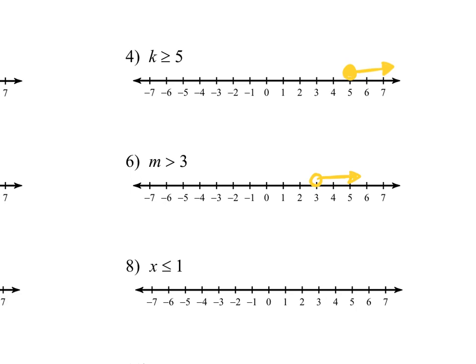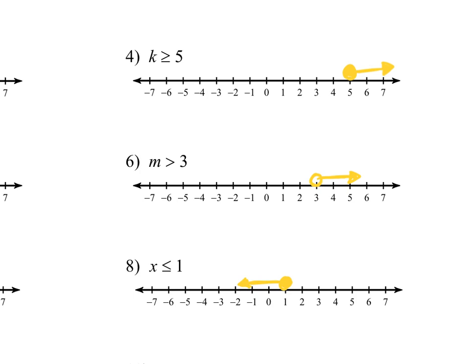Number 8, it is saying x is less than or equal to 1. So you know you're going to have a dot at 1, but it's going to be a closed dot. Here your mouth is facing the number 1, so it needs everything to be smaller than 1. So you want to go to the left. Talk to me. Would it be possible if you have a positive that it can still go to the left? Yep.